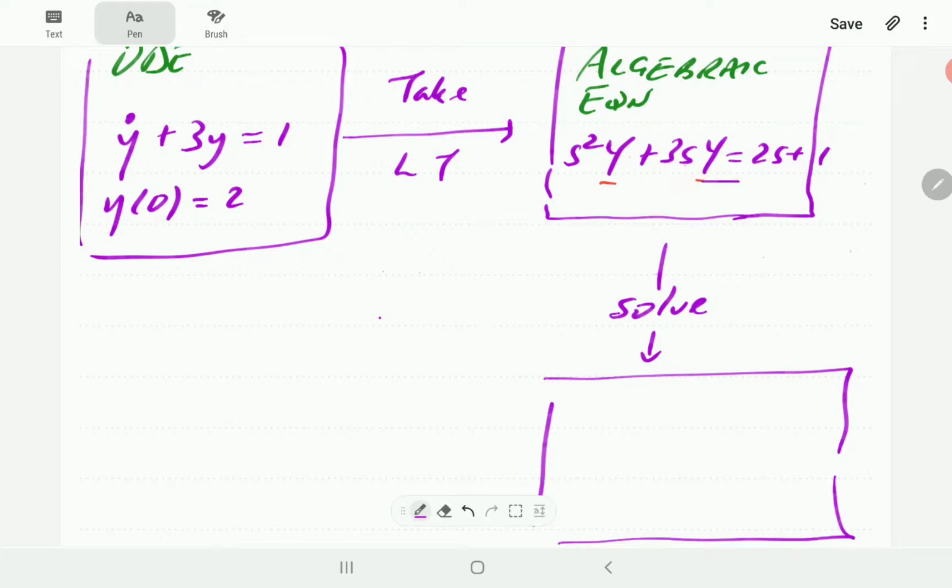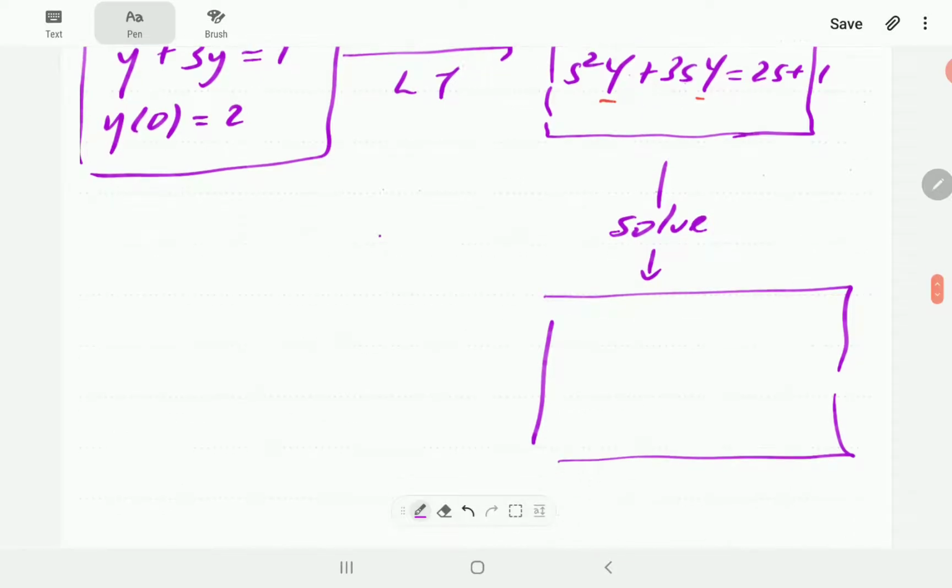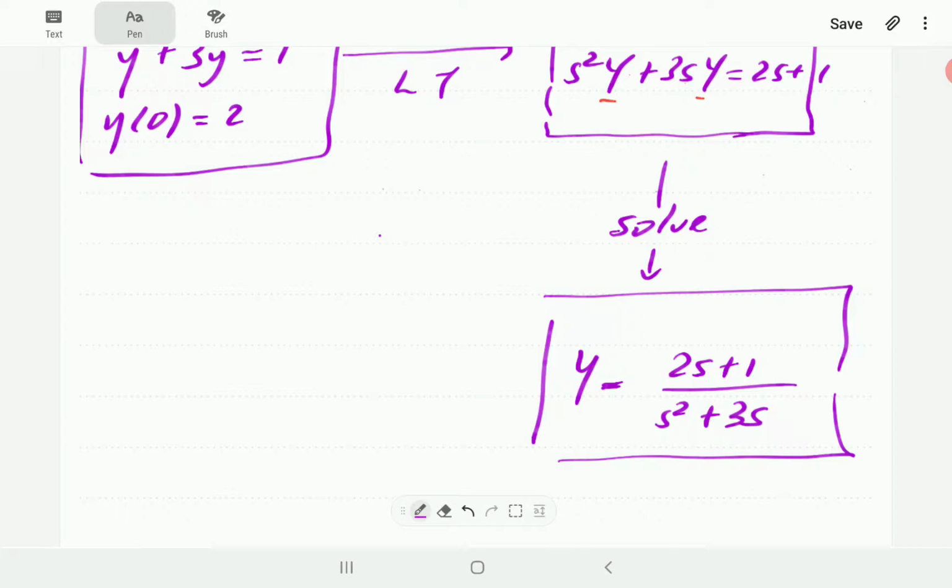If you factor out capital Y on this side, you're going to notice that capital Y is 2s plus 1 all divided by s squared plus 3s, and then the solution is done.